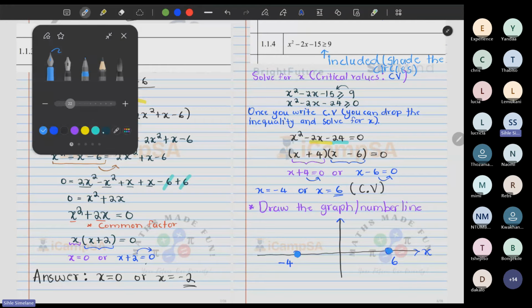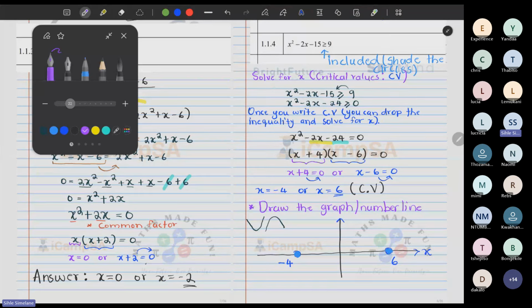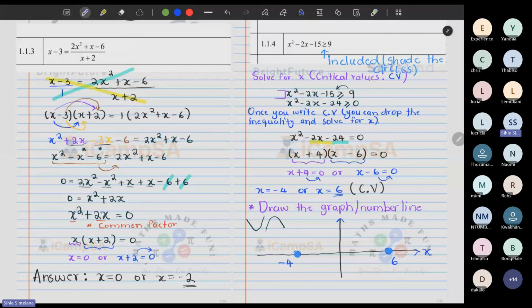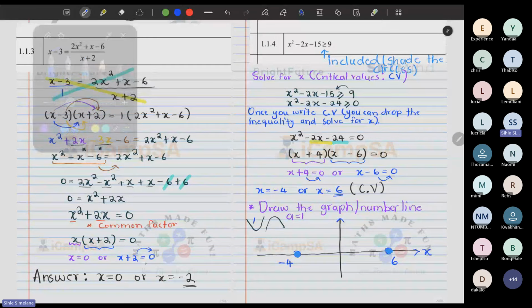Now, let's go and plot our graph. So for our graph, guys, I'm asking you, is it supposed to face up or is it supposed to face down? So let's look at the value of A. So the value of A obviously sits here. So that A is obviously 1. So is our graph going to be option A or option B, guys?